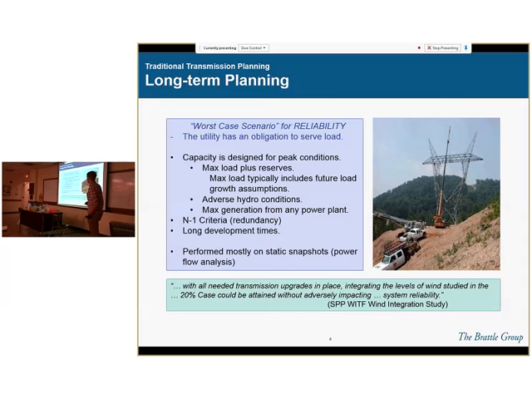So longer-term planning typically, though, has been done to maintain the reliability of the system. This is the primary goal of transmission planning, to, at the least cost, make sure the system can be reliably operated, given assumptions about how the load's going to grow and where generation is going to be built.